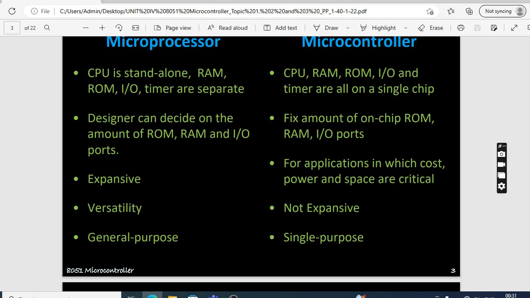Microprocessor based systems are expensive because the amount of RAM can be separate, the amount of ROM can be separate, and the amount of data that can be accessed can also be made different. Whereas here we cannot have that provision; everything has to be kept in a fixed manner. A microprocessor can be used for a general purpose, whereas the 8051 microcontroller cannot be used as a general purpose device, it can be used only for a specific application.